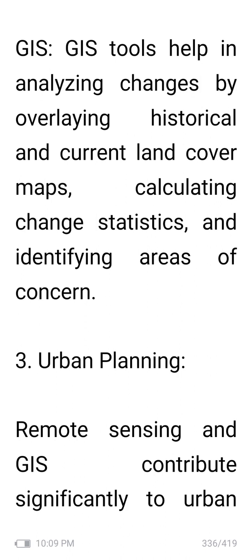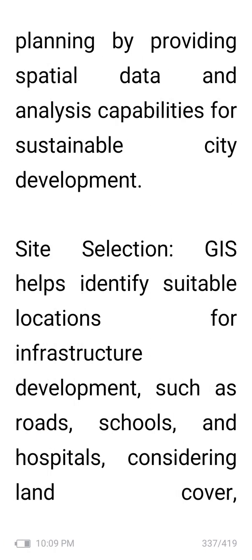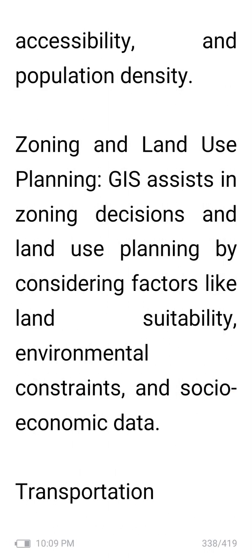areas of concern. Urban planning: remote sensing and GIS contribute significantly to urban planning by providing spatial data and analysis capabilities for sustainable city development. In site selection, GIS helps identify suitable locations for infrastructure development such as roads, schools, and hospitals, considering land cover, accessibility, and population density.